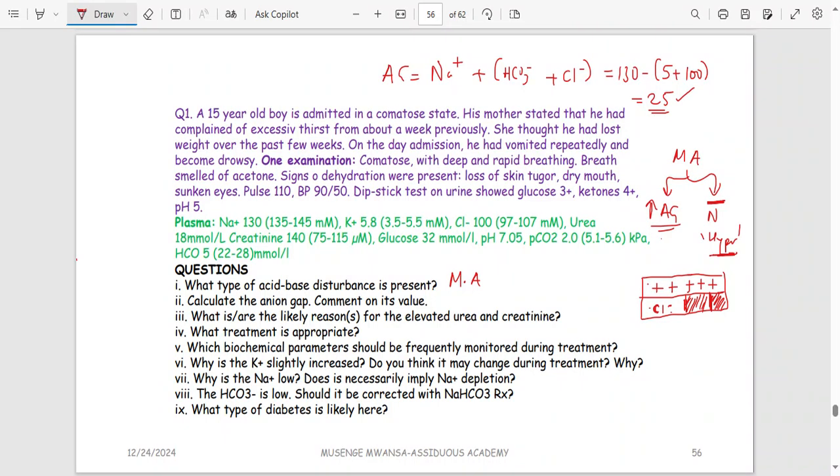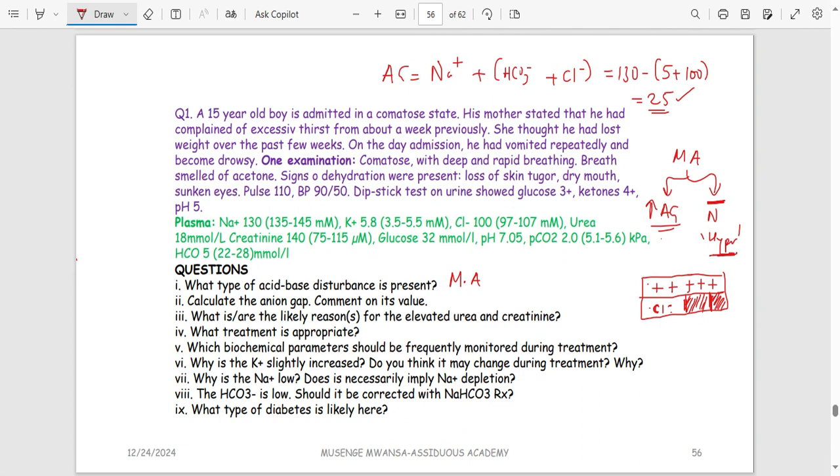So the body will start making glucose from other mechanisms like gluconeogenesis. And as you are making that glucose from gluconeogenesis, you are also going to be producing urea. So urea is going to be high because of gluconeogenesis. Besides that, there's also a condition known as pre-renal failure. So it can also be that there's pre-renal failure. That's why urea is high.